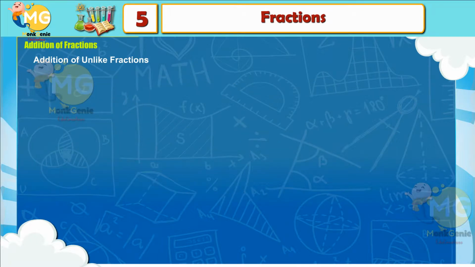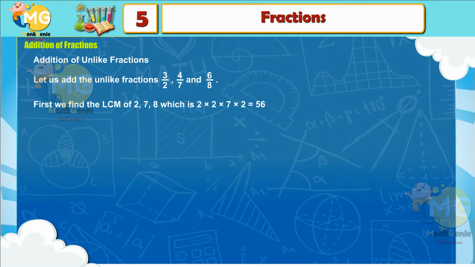Addition of unlike fractions. Let us add the unlike fractions 3 upon 2, 4 upon 7 and 6 upon 8. First we find the LCM of 2, 7, 8, which is 2 multiplied by 2 multiplied by 7 multiplied by 2 equal to 56.